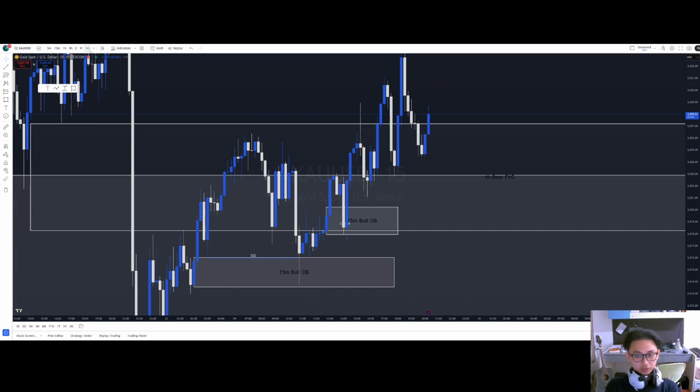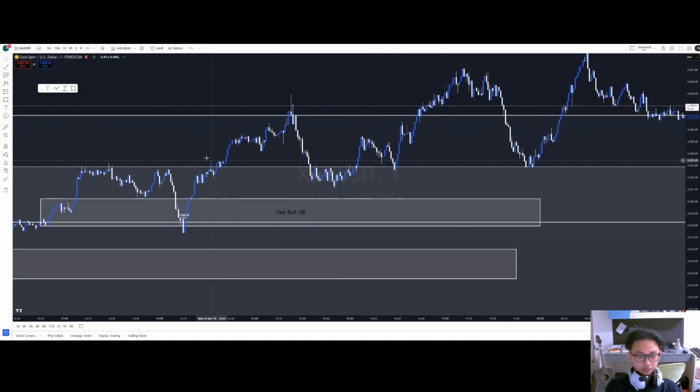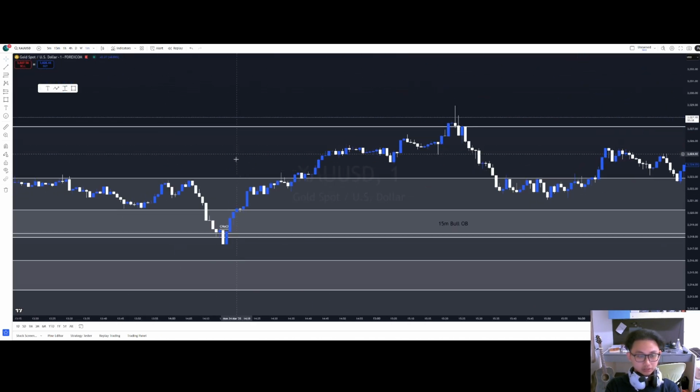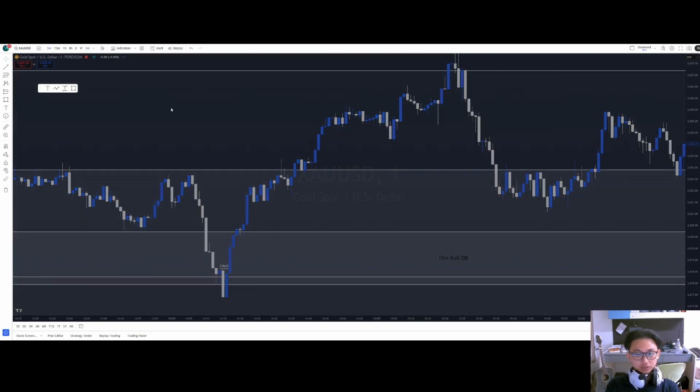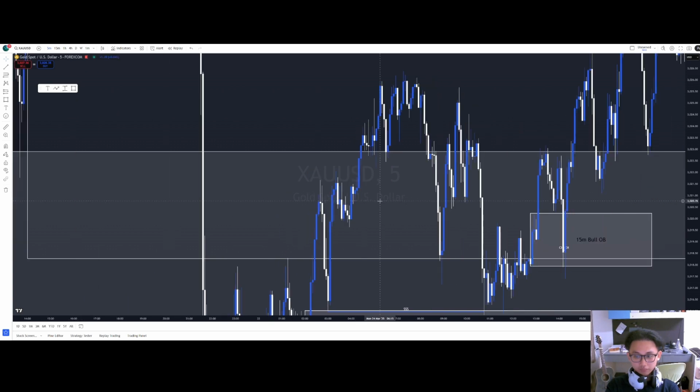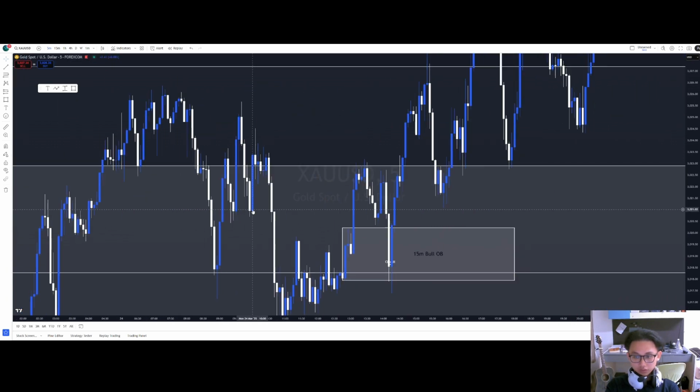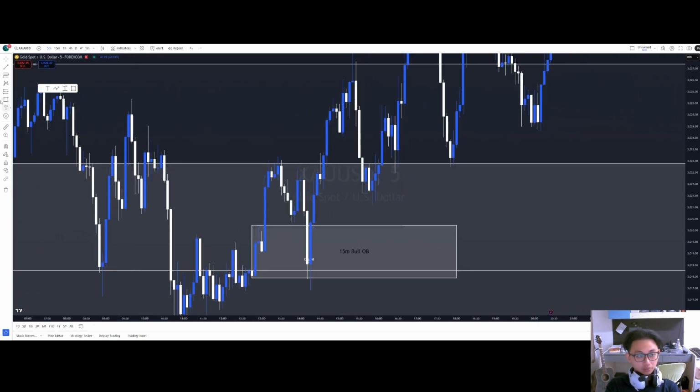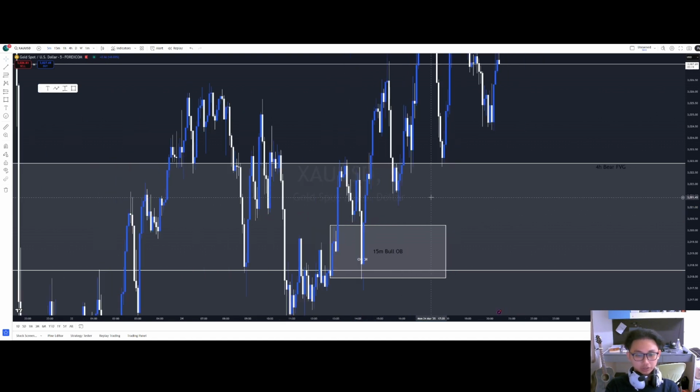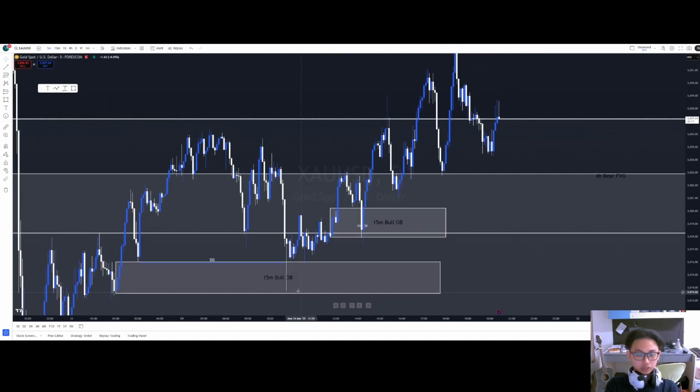buy entries. So go to the 1 minute, you can see that there's a small change of character here. So okay, you see on the 5 minutes, even though there are imbalances, like the 5-minute bearish parallel gap, most likely price is going to head upwards already after sweeping so much liquidity inside of here and below this order block.